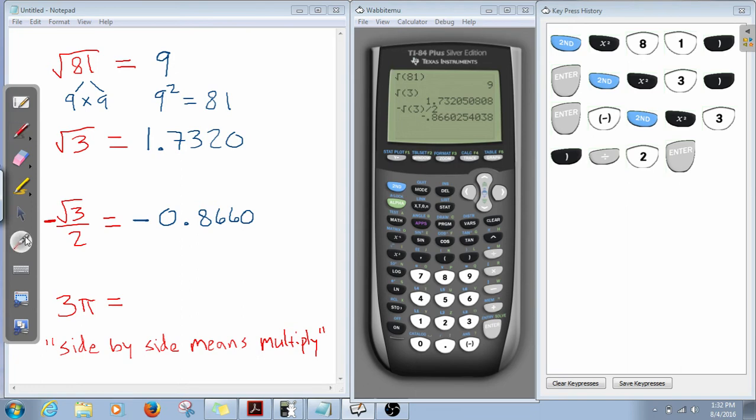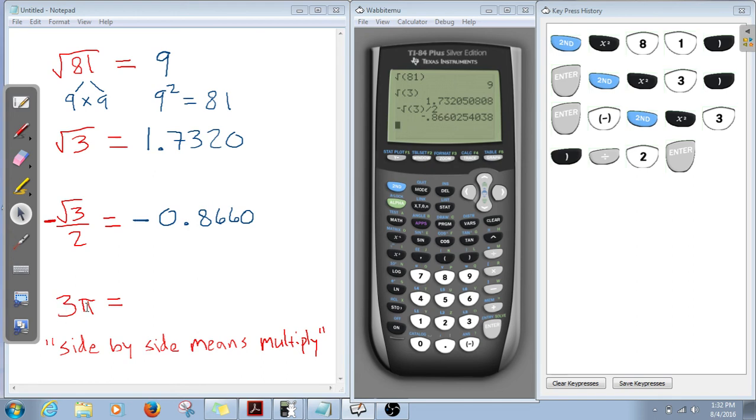The last thing we're going to look at is this little pi symbol. Well, pi is right here with this button, with this little arrow thingy. There's pi right there. It's also blue, so we're going to need the blue button. So for this one, we just have 3 and pi side by side.